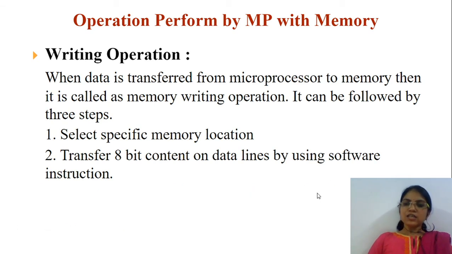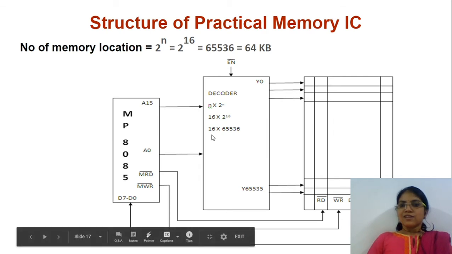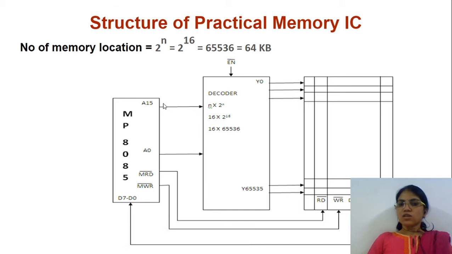For selecting that memory location, 0001H is the address of that memory. So first of all, the microprocessor needs to know the specified memory location.